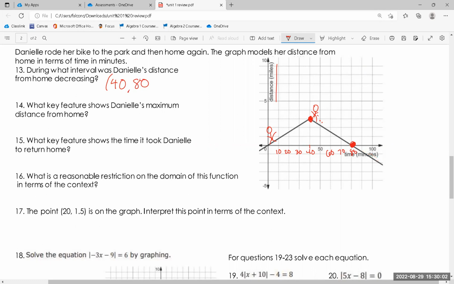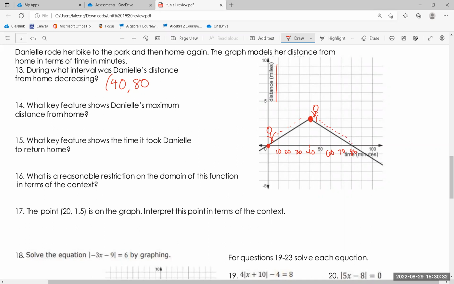And if we want to think about this in the context of the problem, if this is representing distance per time, this means that at 0, that's where she starts. That's when she leaves. No time has passed. She's riding her bike, going some amount of distance. And then at 40 minutes, her distance starts decreasing.